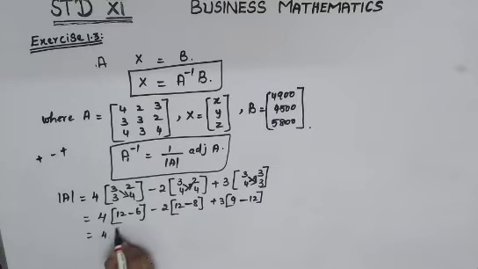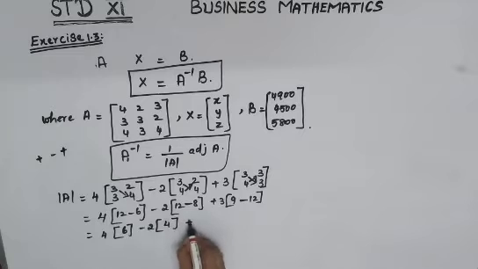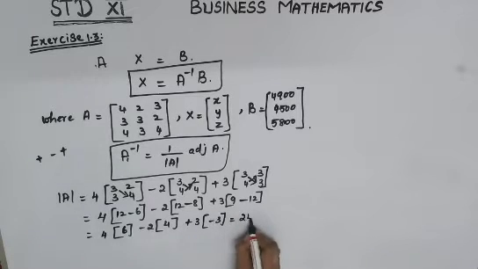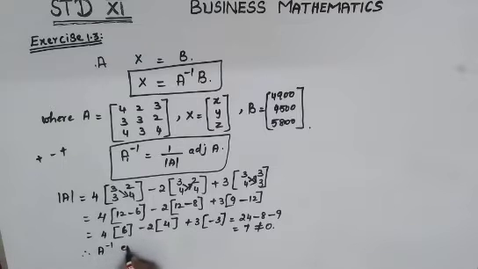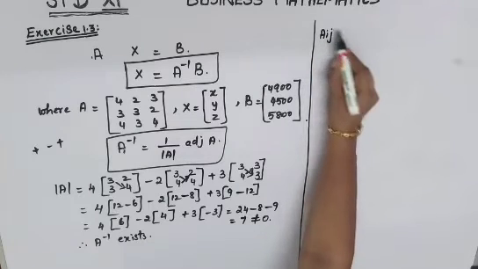That is equal to 4 into 12 minus 6 is 6, minus 2 into 12 minus 8 is 4, plus 3 into 9 minus 12 is minus 3. So it is equal to 6 4s are 24, minus 4 2s are 8, again here minus 9. Therefore the answer is 24 minus 17, you will get 7, which is not equal to 0. Therefore you can write A inverse exists.